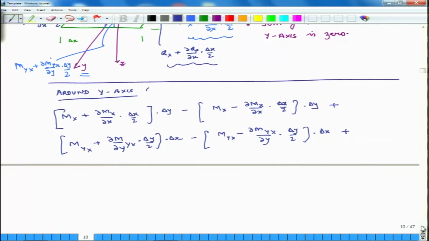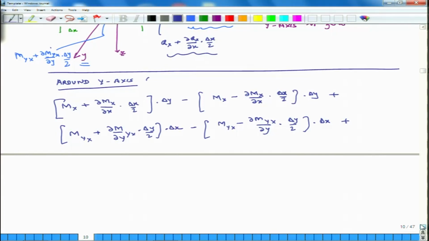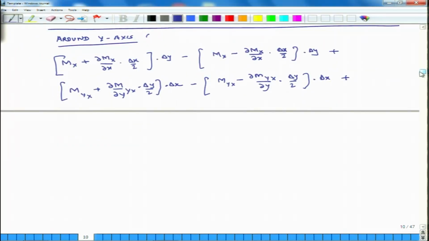And then these are moments. The moment created because of force qx will be qx plus del qx over del x times delta x over 2, times delta y.